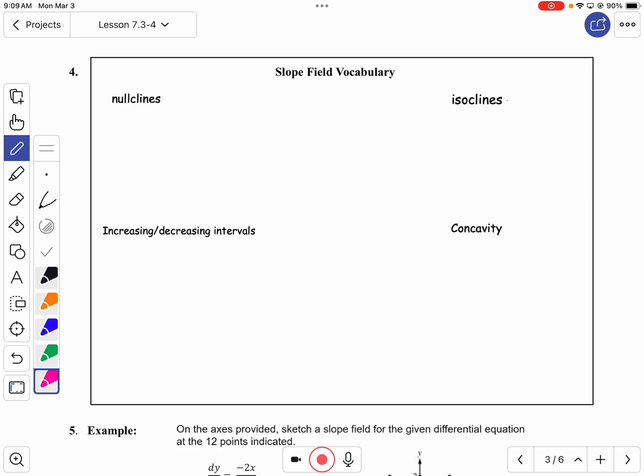Anybody know what null means? 0. These are patterns where our slopes are equal to 0. A lot of you were good at finding those first, right? Where are those slopes equal to 0? It's one of the easiest ones to do. So we refer to that as a null cline.